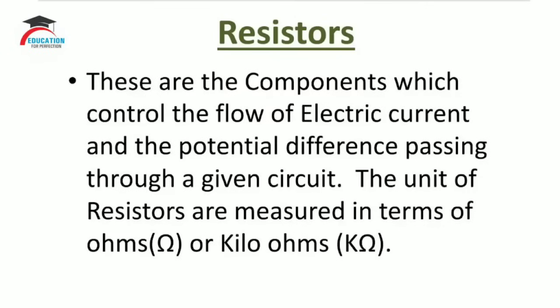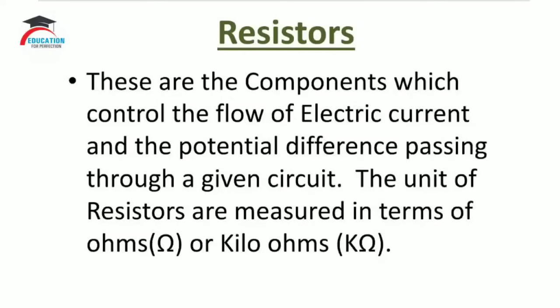So friends, let us try to understand the first electrical or electronic component, that is the resistor. These are the components which control the flow of electric current and the potential difference passing through a given circuit.